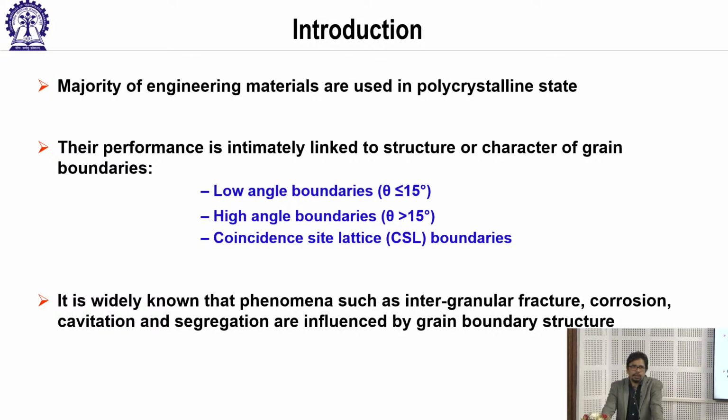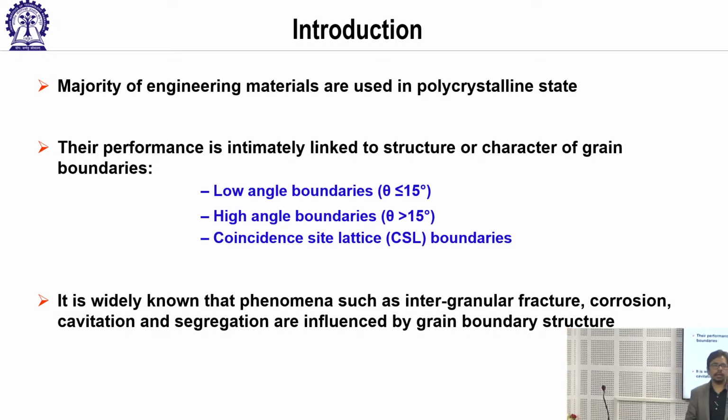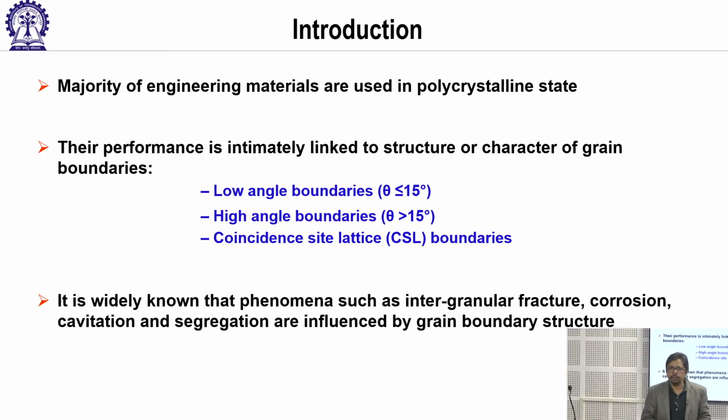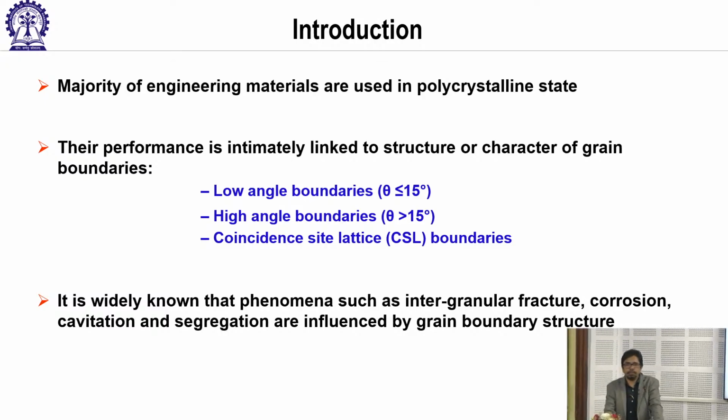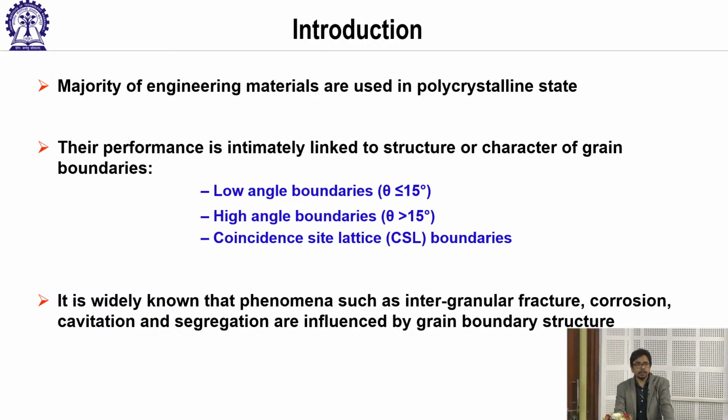So, if I want to tailor microstructure employing grain boundaries, I want to have the beneficial properties of grain boundaries like strength, and at the same time, can we minimize this kind of intergranular degradation phenomena, right?